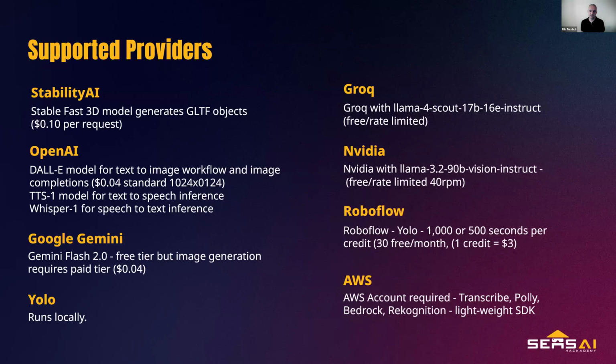And then we've got Groq and NVIDIA, which have free access with lots of models at the back end. I think with NVIDIA especially, there's lots more to explore on that side as well. And then Roboflow. So I can show the Roboflow, but really Nigel's kit is the best one to use if you're intending to train your own models using images from the headset.